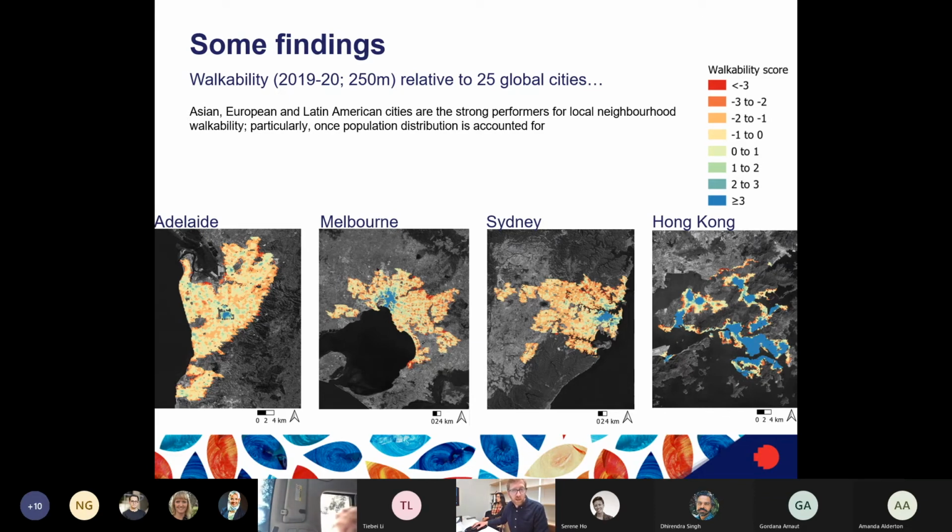the global average. So for Adelaide, Melbourne, and Sydney, it's not surprising. We know where our CBDs are, and they're in the suburbs. They have a lot of amenities. They have well-connected street networks, smaller block sizes. They fit this pattern of walkability as we measure it, which is a function of population density, intersection density, and land use mix.